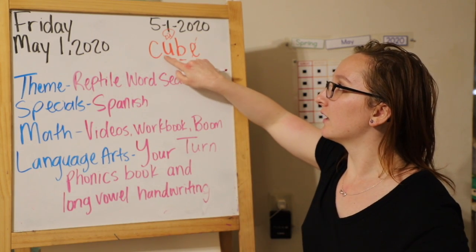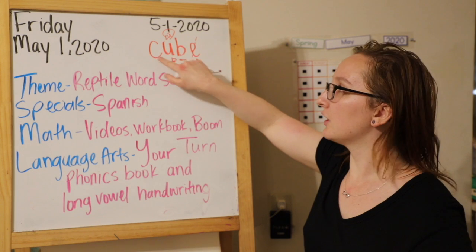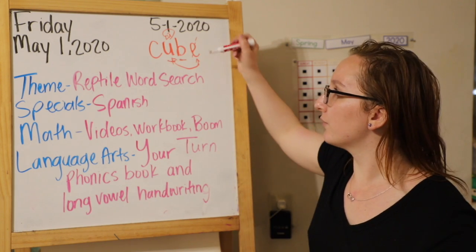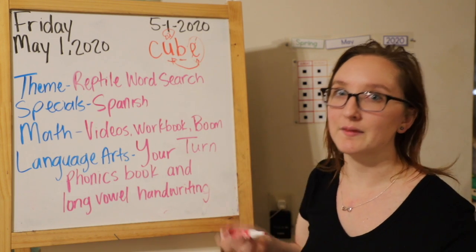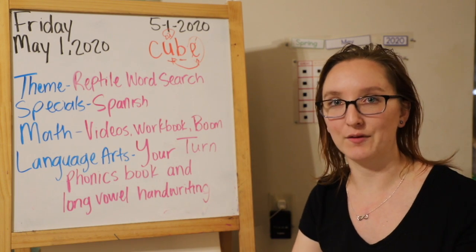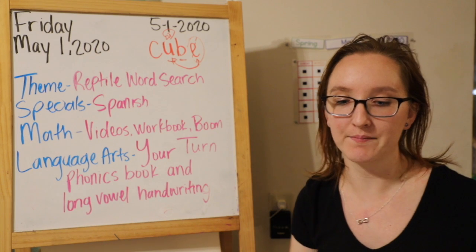So it'll go cube, cube. Normally if we see that E at the end and there's a vowel in the middle, it's probably going to be saying its own name. So keep an eye out for that.